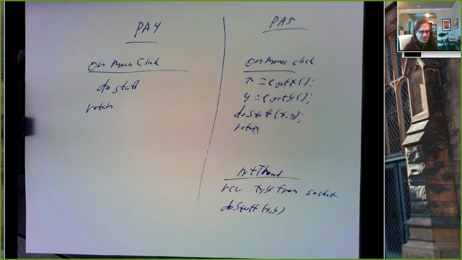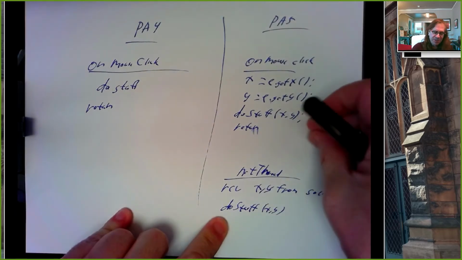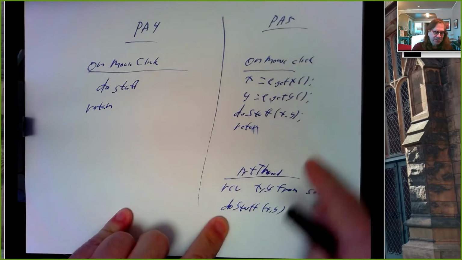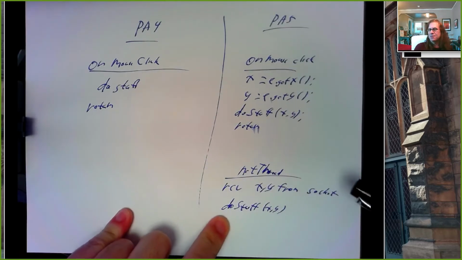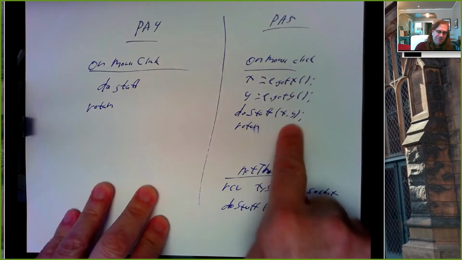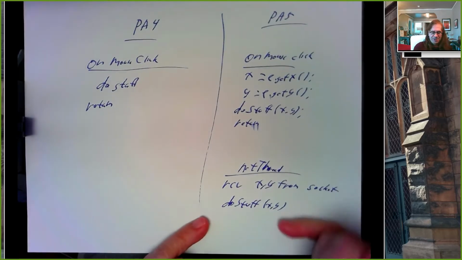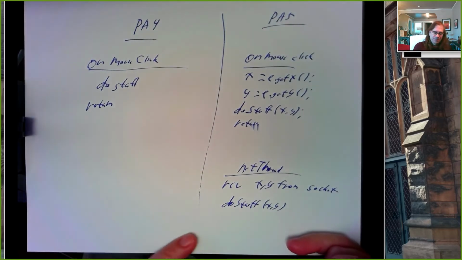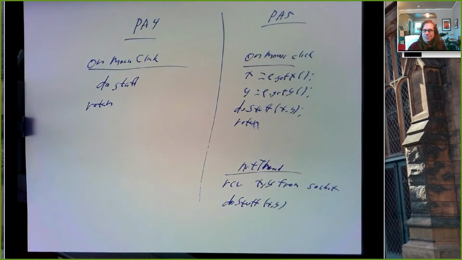So the effect is when you get an XY pair from the socket, you're doing the same things that you did inside your mouse click listener in PA4. But don't try to actually call the listener itself, because then you're interfering with Swing. All the stuff that you would do in response to a mouse click, do that in response to receiving an XY from the socket. And instead of writing the code here and writing the code here, throw it all inside a method called do stuff and just call it from both places.